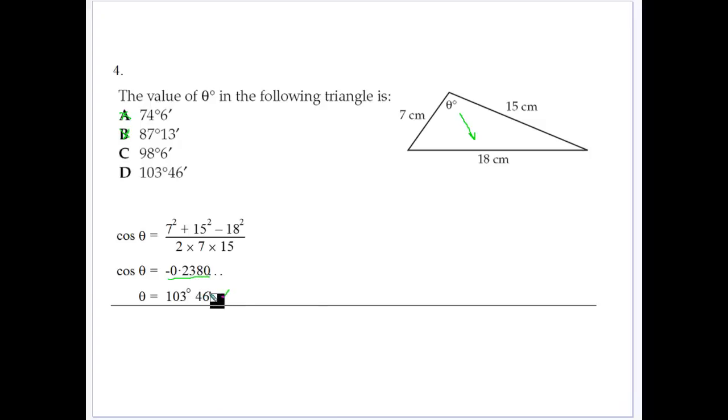Your calculator realizes that when we're taking inverse cosine of a negative ratio, it's actually working with something in the second quadrant. So your calculator is set for that. So don't panic about having a negative answer there, because that will give you the obtuse angle that you need straight away.